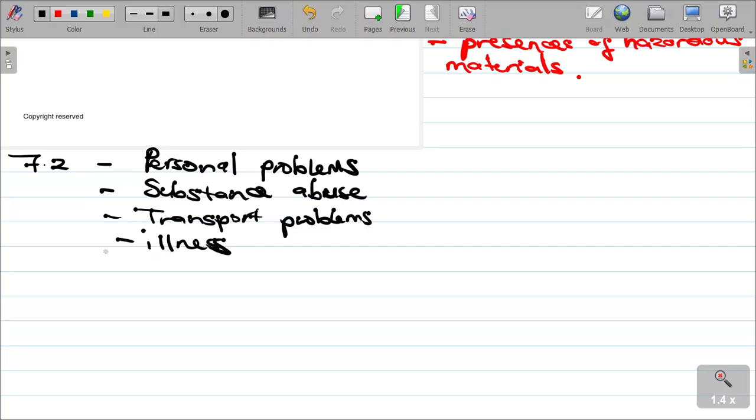It might also be due to industrial accidents. And lastly, age and gender.